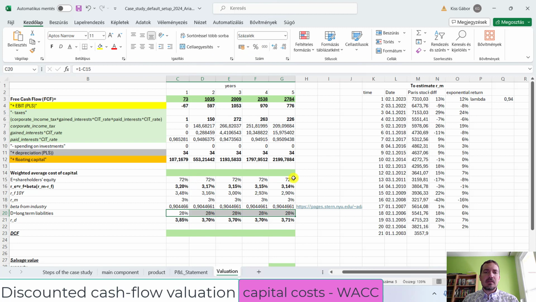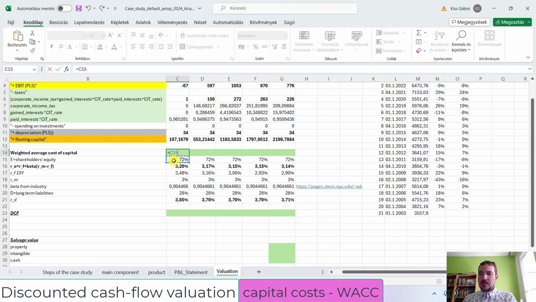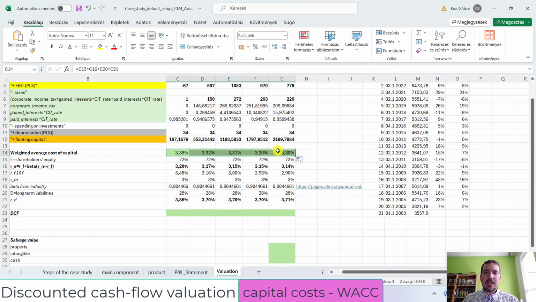It makes our life easier. Okay, so weighted average cost of capital. So now we just have to multiply this number with this number, plus multiply this number with this number. Yay! So these are our discounts.